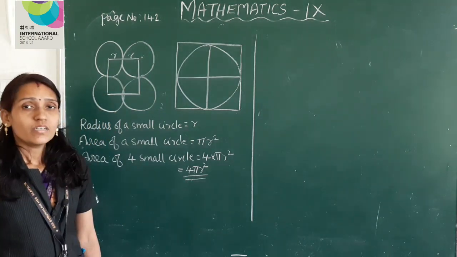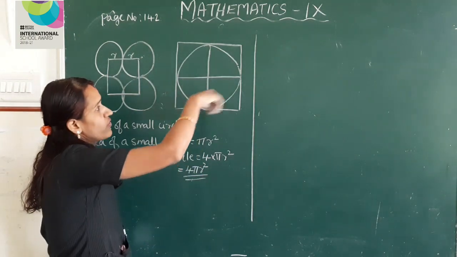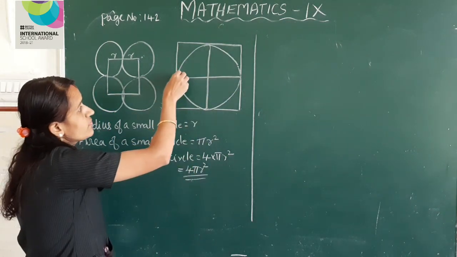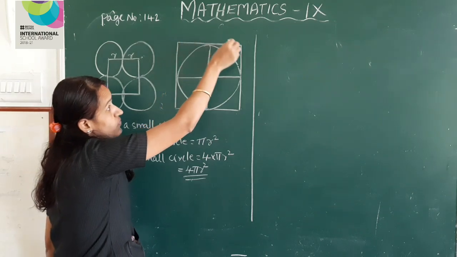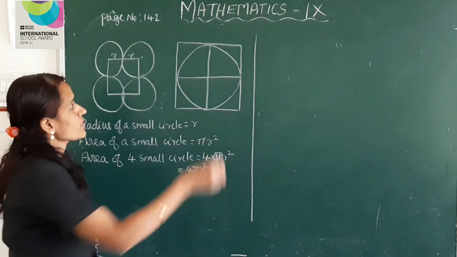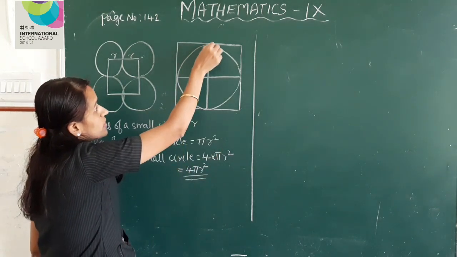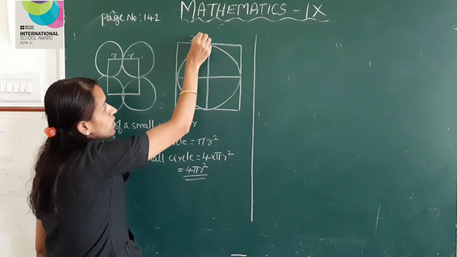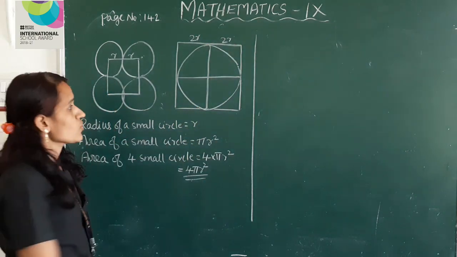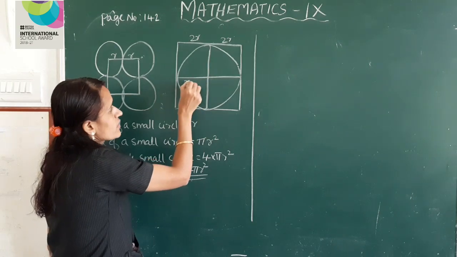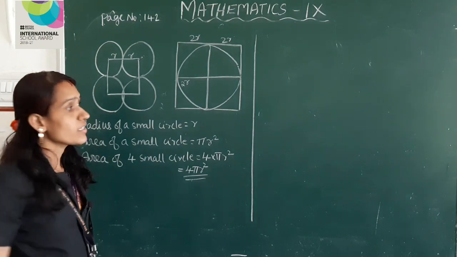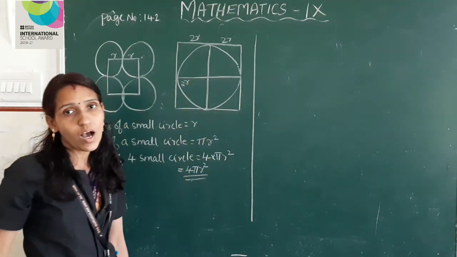Okay, next we have to find the area of this larger circle. So here the length of one side of a square is, this is 2r and this is also 2r. Okay, so here radius is 2r. So in this large circle its radius is 2r.